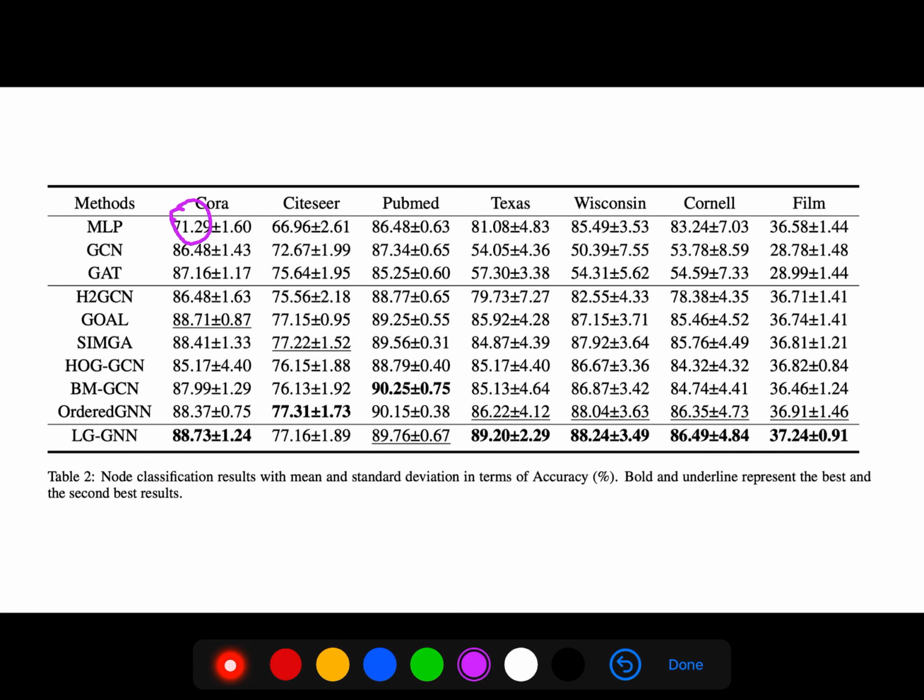From 71, if we care about the neighbors, then we can come to 88 for Cora. From 66, if we care about neighbors, then we come to 77. But for PubMed, we don't see such an increase, maybe because the neighbors are not important.